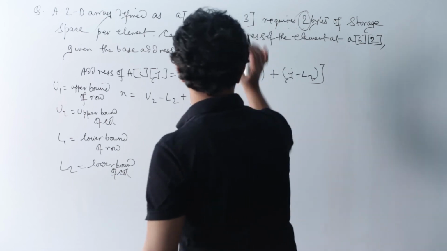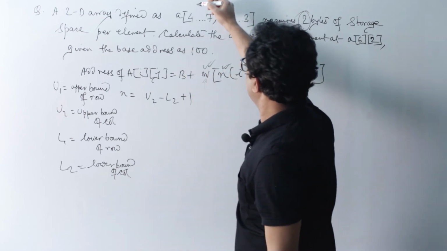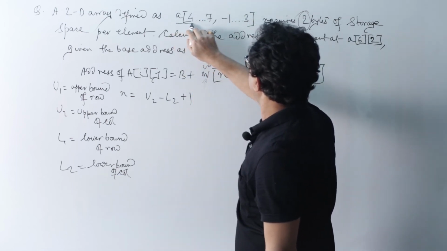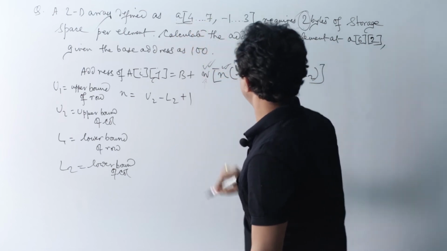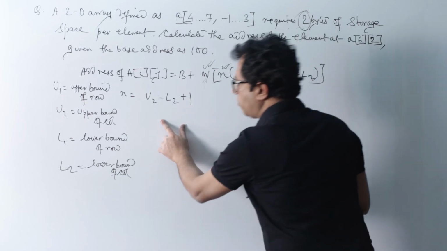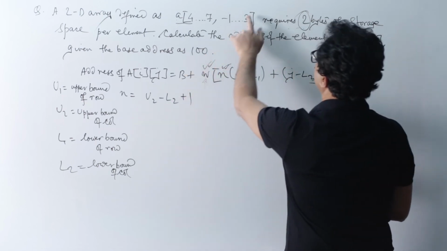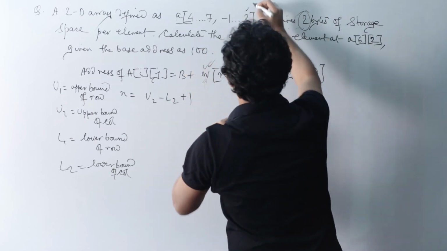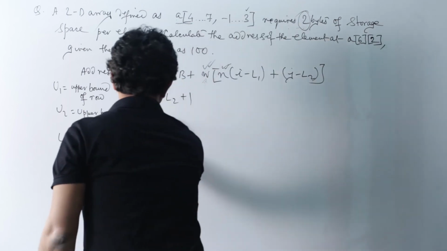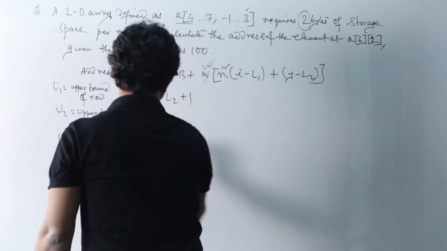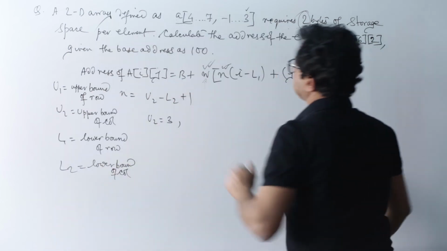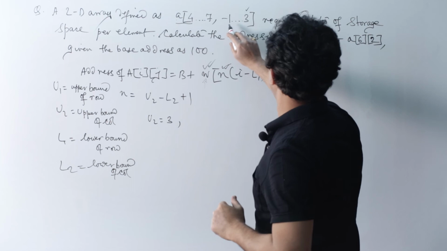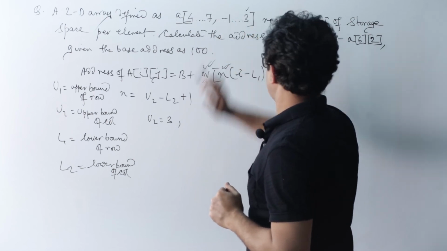So what is u2 over here? Let me see. This array is named small a and has this sort of dimensions. The upper bound of the column is 3, so u2 will be 3. The lower bound of the column is -1.